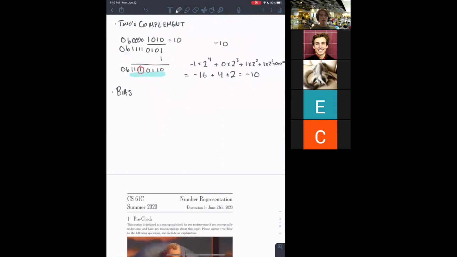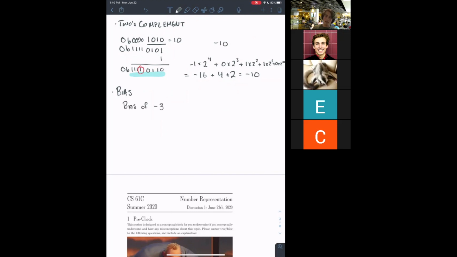So the other method that we use sometimes to represent negative numbers is the bias method, in which we define a bias that is applied to our unsigned binary representations. So let's say I set a bias of -3.